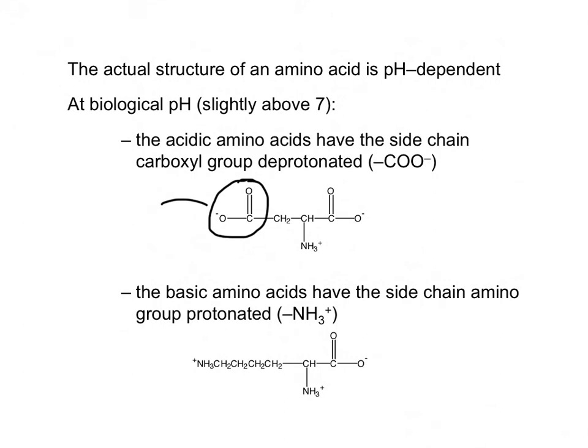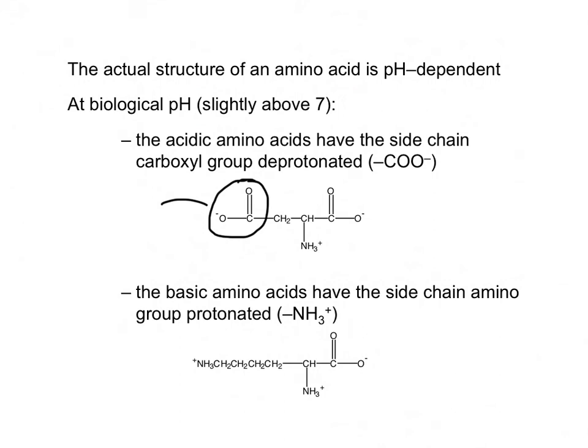Okay, so if you take a look at what's going to go on as you raise the pH, you start out acidic, everything is protonated. And let's go ahead and raise the pH. So I start to titrate with base.